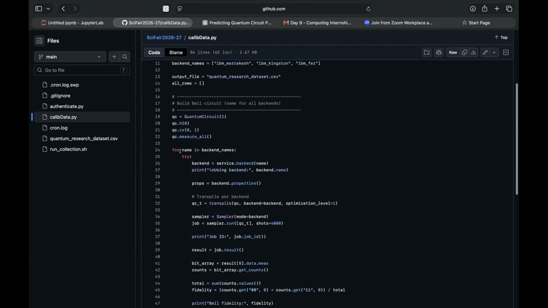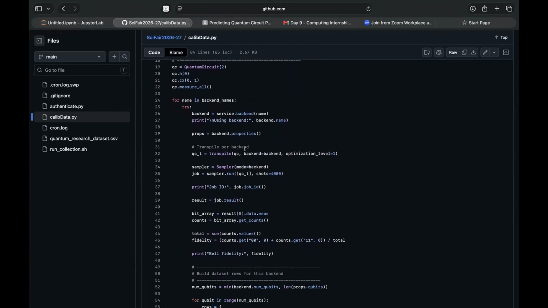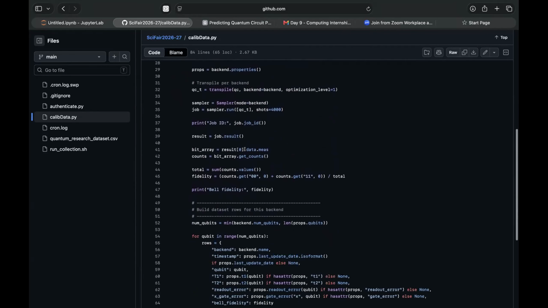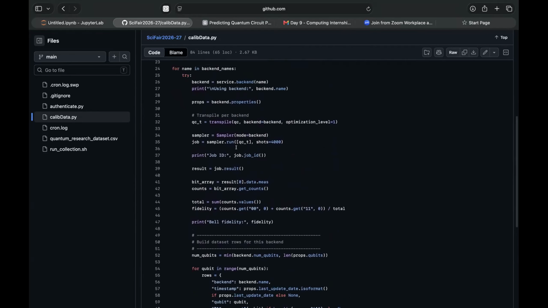First I created a Bell state over here, and usually the result is either 0,0 or 1,1. But if any other outcome appears, that's obviously caused by noise in the hardware. Then I transpiled the circuit, because the quantum computers don't understand gates like H and CX.